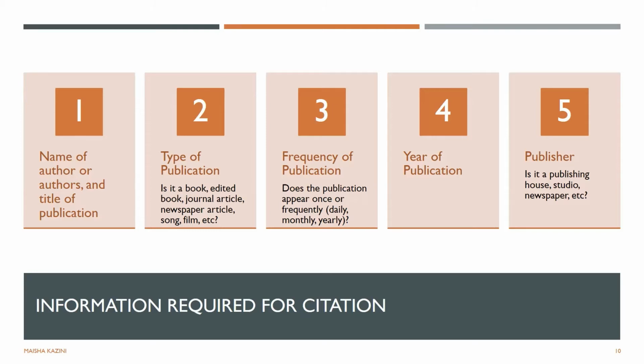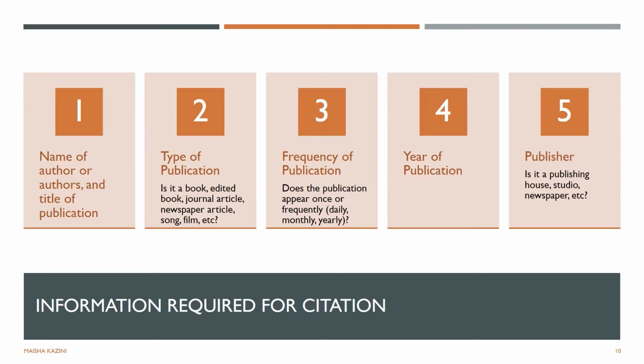Is the publication which you're citing a book? Is it a book which has different chapters written by different authors? Is it a journal article? Is it a newspaper article? Is it a song? Is it a film? And the list goes on. We can quote so many types of references, but we must be sure what exactly the type of publication is.